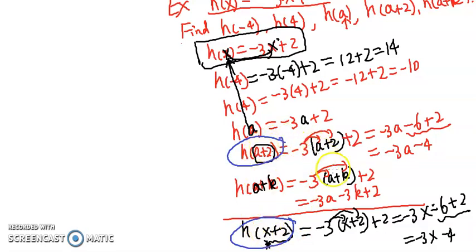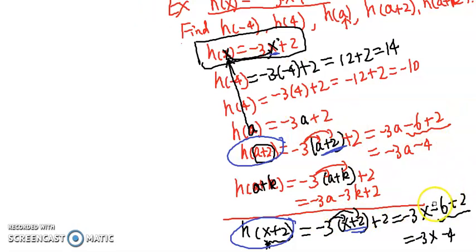But the way we did it is exactly the same thing. We replace x with A plus 2. But we replace this x with x plus 2. And you can see it's the same. The only difference is we have A here, but we have x there. And then you just distribute the same way, and combine like terms, exactly the same thing.